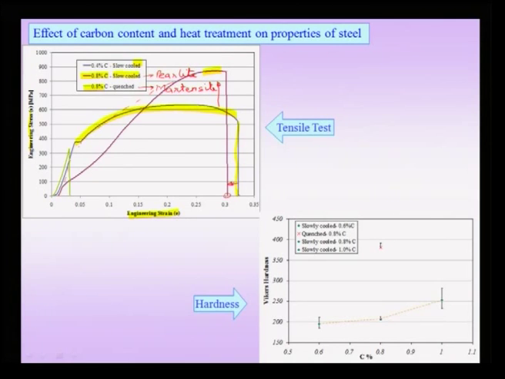So, the 0.8% carbon steel has a lower ductility as compared to the 0.4% one. Of course, in this case I am not using the true measure of ductility, here I am using percentage elongation, but the true measure has to be the percentage reduction in area, because after necking starts most of the deformation is localized close to the neck.